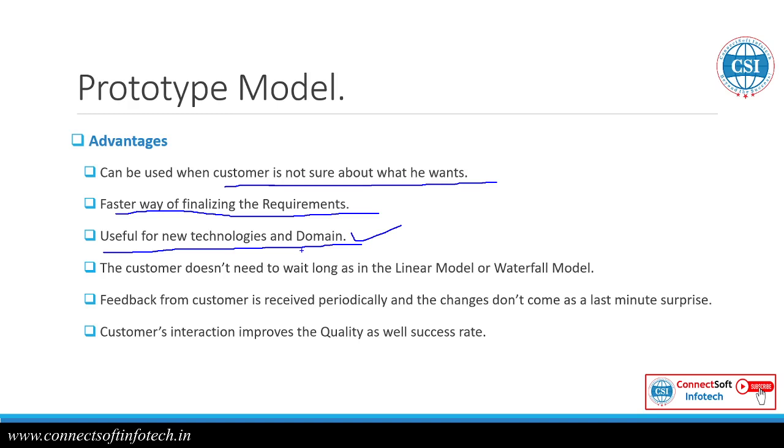Okay, so first of all he will define some features. The developer is going to develop that prototype, and again he understands that he needs to add this feature. Okay, so they can add it. Once the prototype is successfully completed at the end, then the actual implementation and actual designing start. Okay, this is useful for new technology and new domain, right?